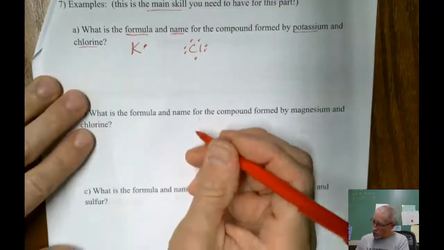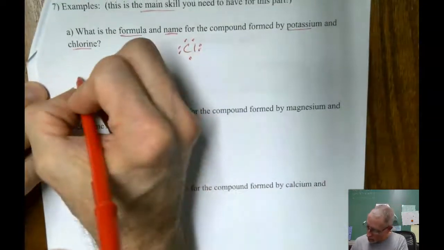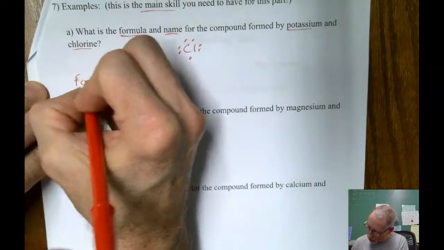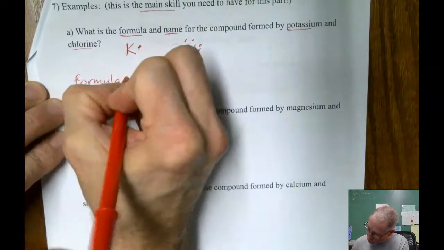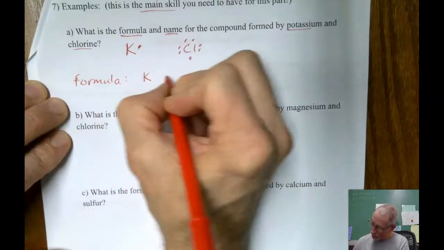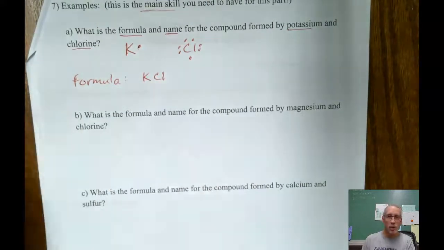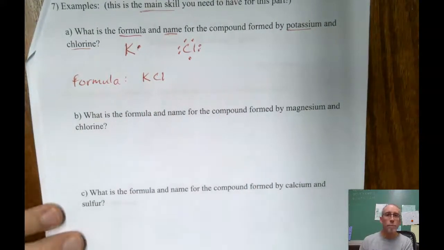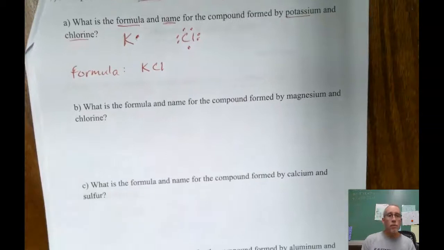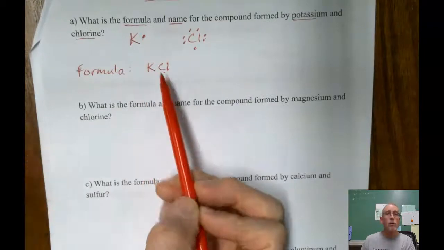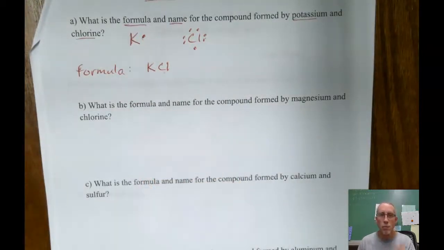Okay, so then the formula is KCl, just a little gap in between them. And I mentioned that you might want to put a small number in, but if you need only one of each, you don't put any additional numbers in. Okay, so we kind of understand it that there's just one of each. That's a common mistake. People throw ones in, but we don't do that.